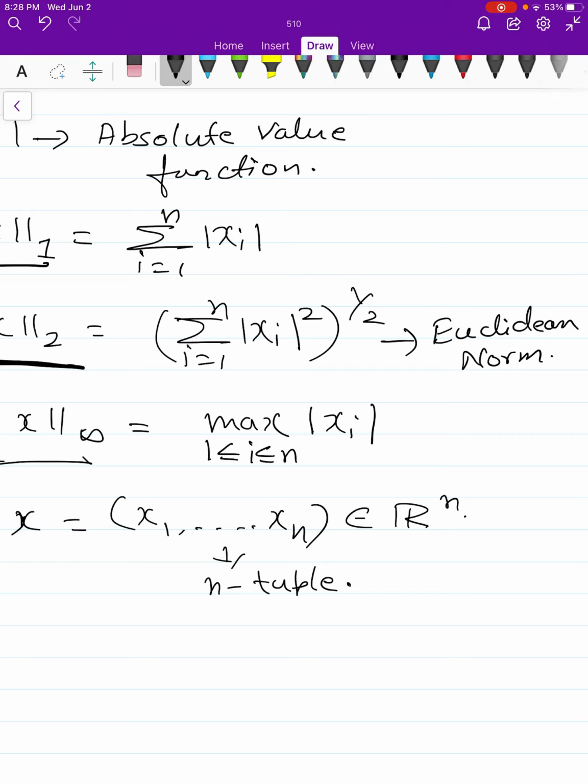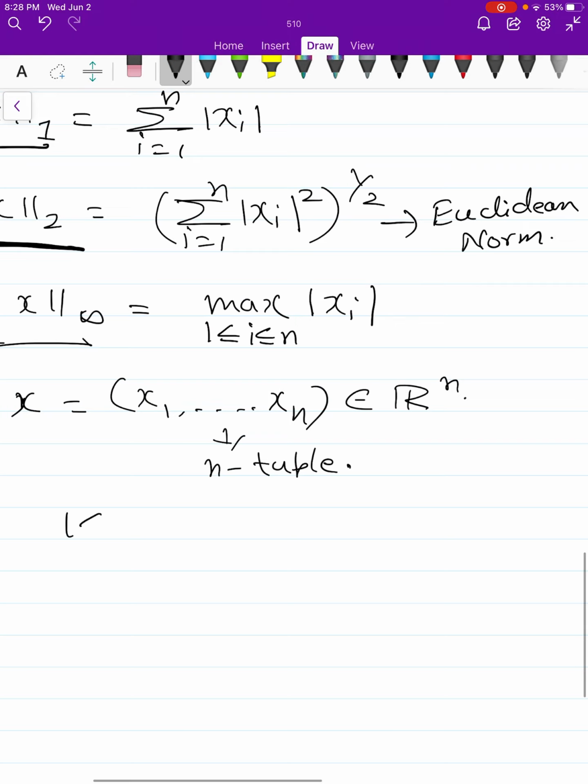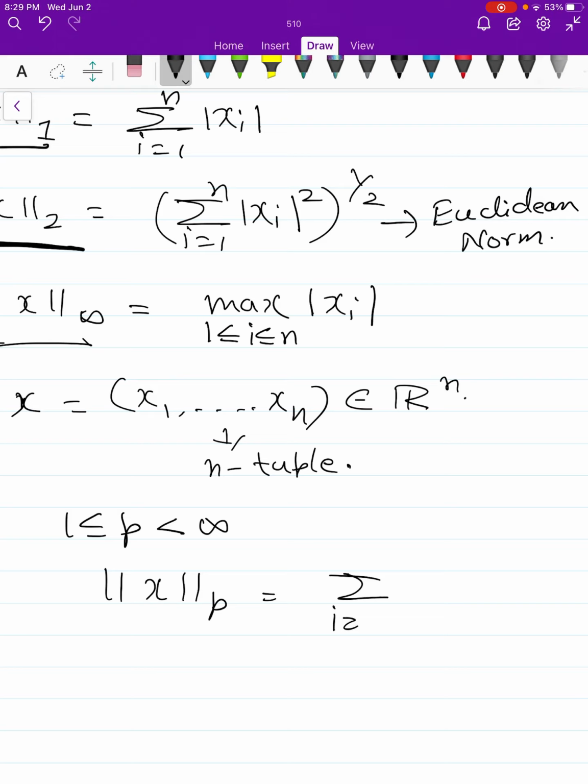And for any 1 less than or equal to p less than infinity, the p norm would be defined as the summation from i equal to 1 to n of xi to the power of p, whole to the power of 1 over p. So this defines a norm on Rn.